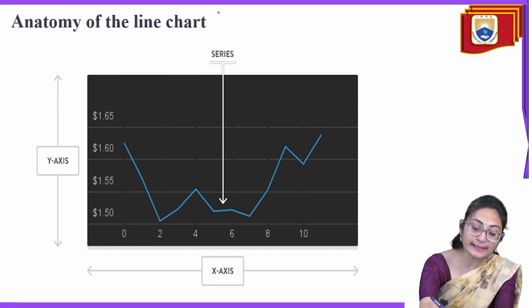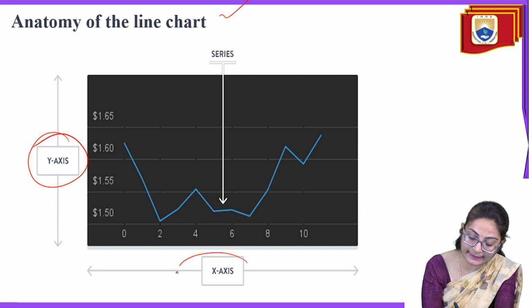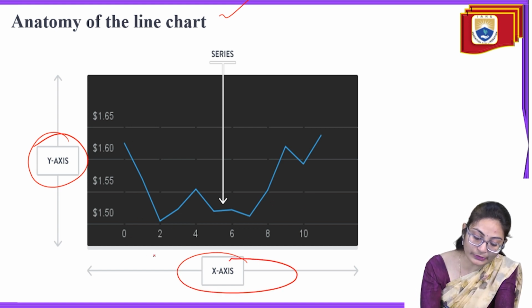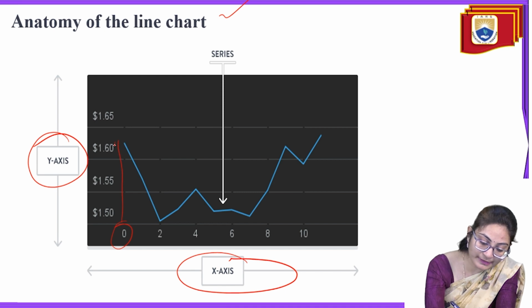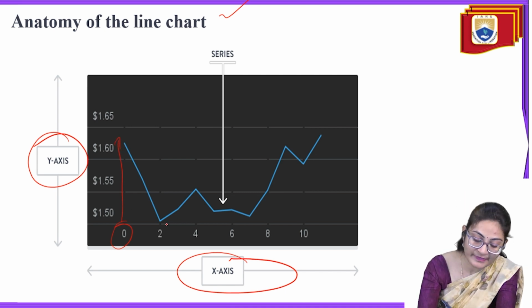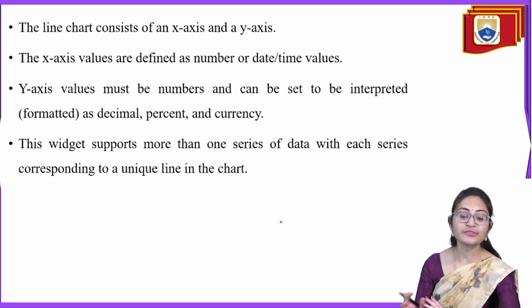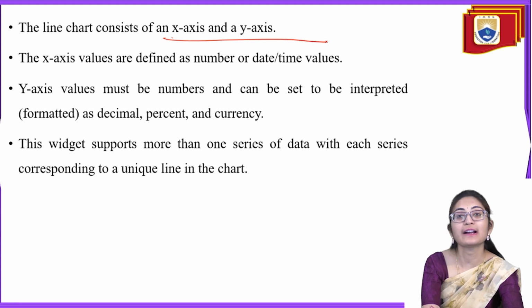Now, this is the anatomy of the line chart. This is your y-axis and this is your x-axis. This is your series. According to the series, it starts at 0, reaches 1.6, then goes below 1.5. So this is your series. Now the line chart consists of the x-axis and the y-axis.